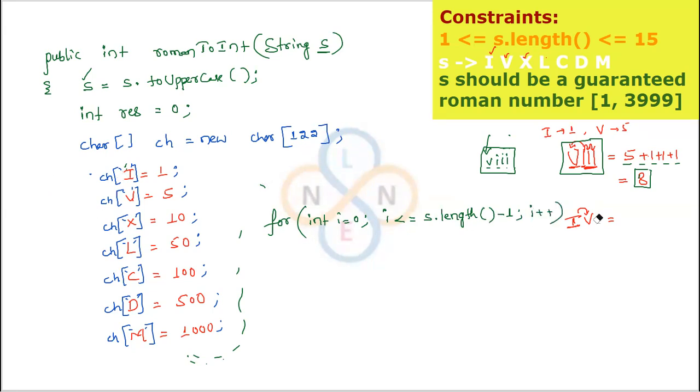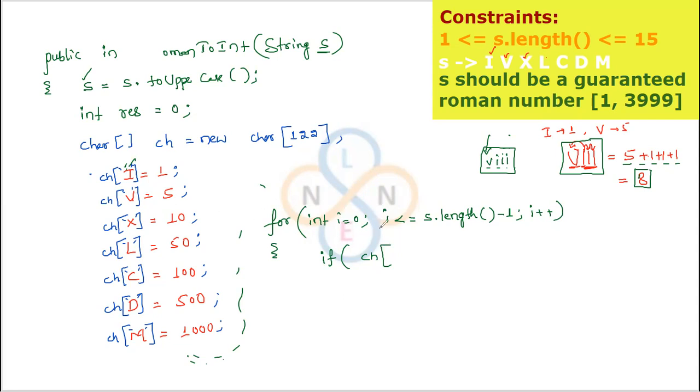Let me erase this part. So what is the purpose of this loop? Inside the loop body, we have to check one condition. Here, ch is the array of characters, so ch of I, ch of V, like this we have, right?